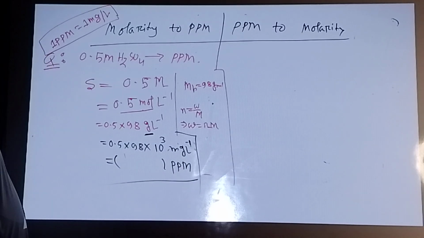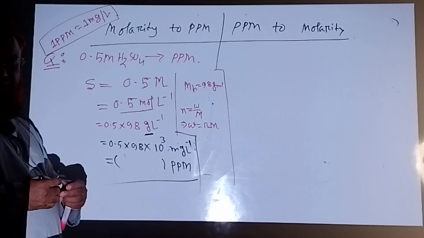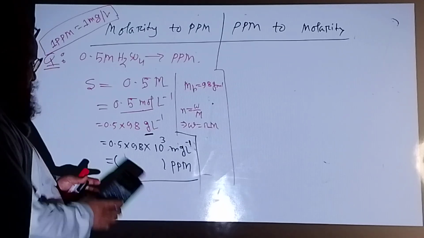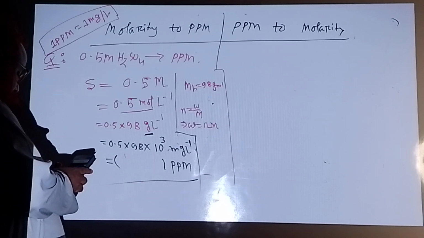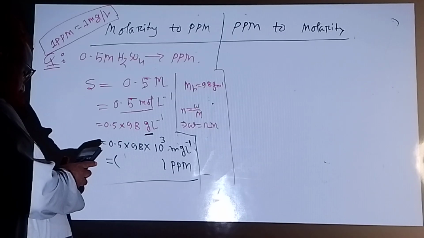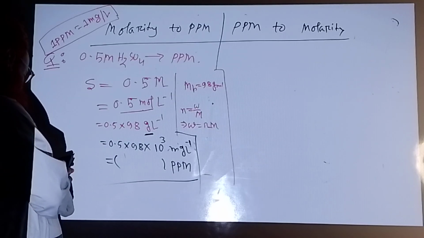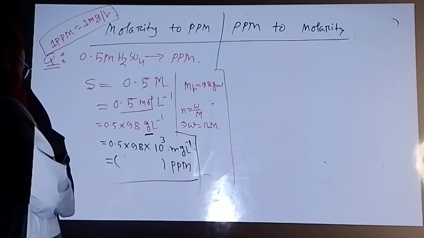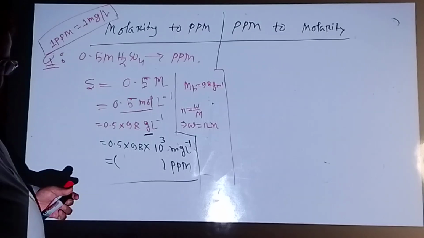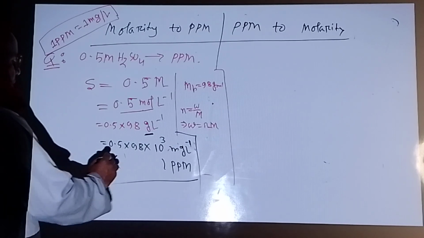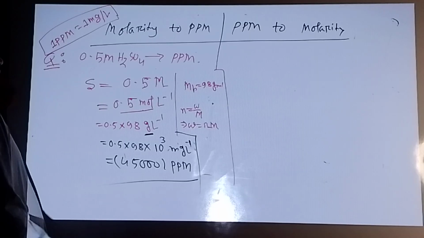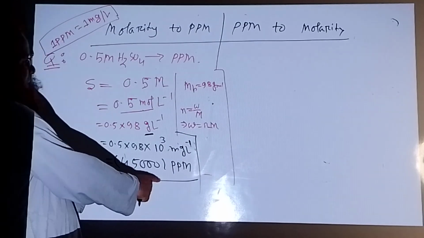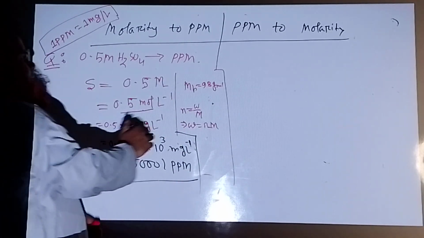Okay. Now, if we do the calculation, then what will be the result? 49000 ppm.